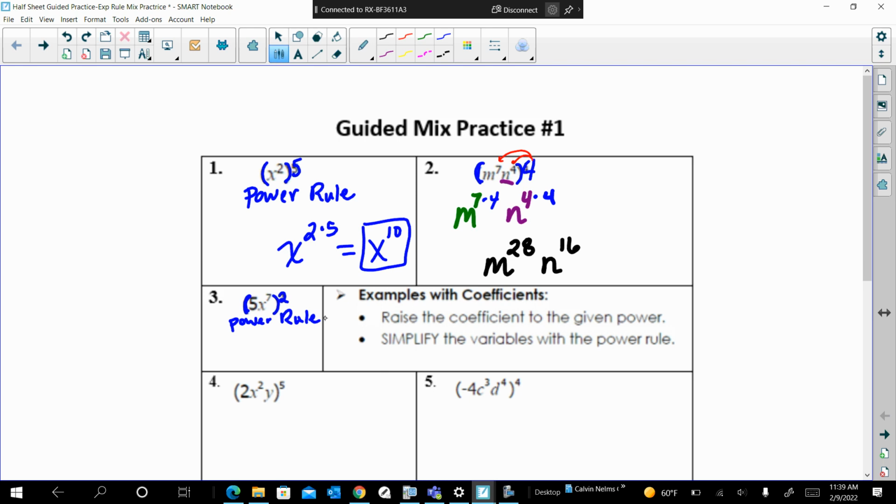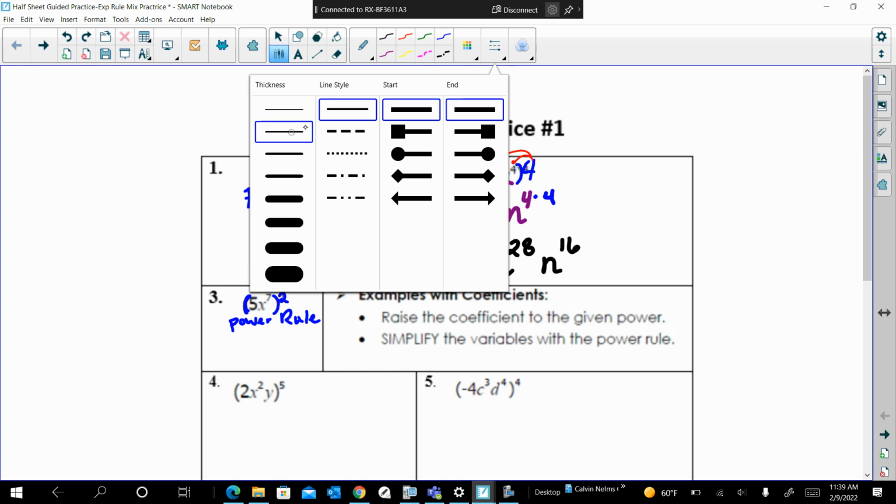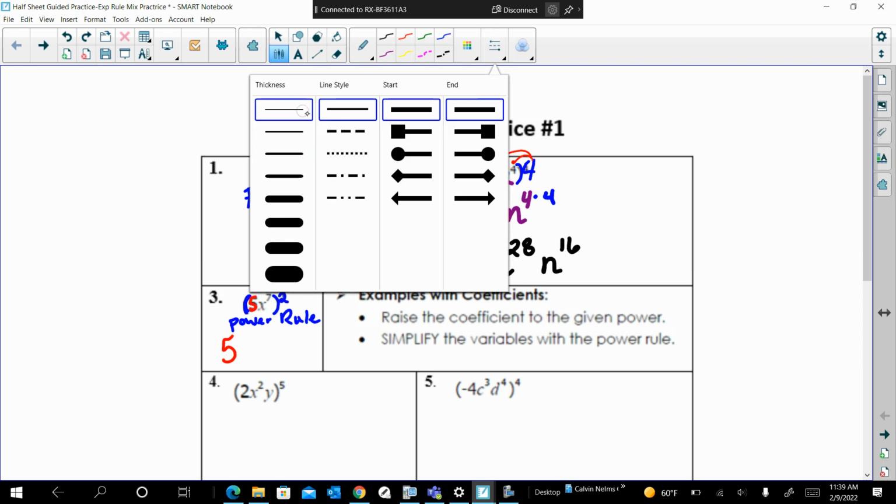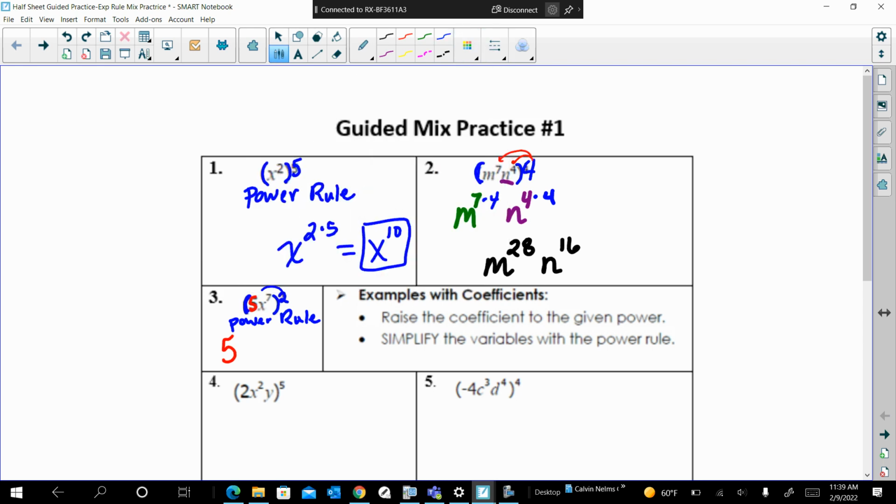Close. You're close. Because you have the 5, right? That's your coefficient. You're going to have to distribute this exponent to that 5. So that's going to be 5 squared. You see what I did?